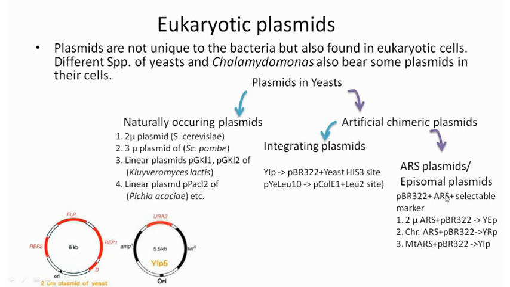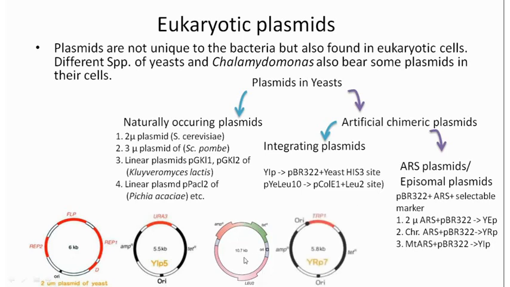Depending on which ARS is used, there are 3 types. When the ARS of the 2 mu circle is used, it is called YEp. The backbone is pBR322 in all of the cases. When the chromosomal ARS is used, it's called YRp plasmid. When mitochondrial ARS is used, it is called YIp again. There will be different numbers behind them depending on their types.